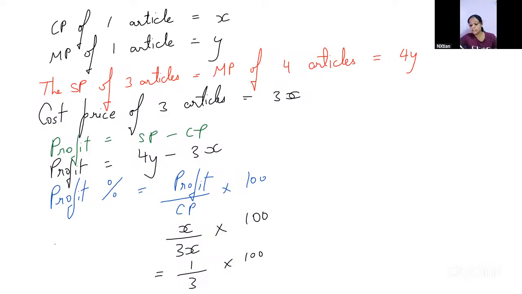Because 3X is 3 times X, so 1 by 3 we can substitute, and then you will get 100 by 3. You divide it and you will get 33.33%, which is your answer.